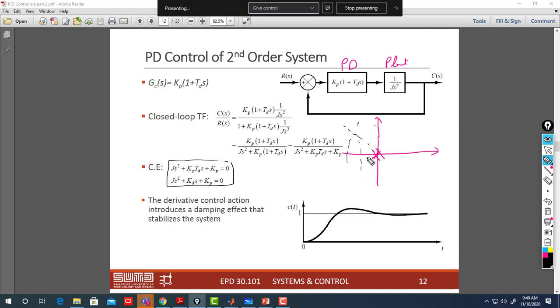Depending on Kd and Kp, maybe you need an overdamped system. So you choose Kd and Kp that give you 2 distinct real poles. Then you are shifting your 2 origin poles from the origin to these 2 different locations, and your system will be critically damped if your poles are here.